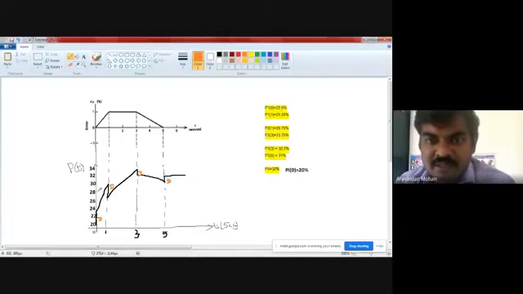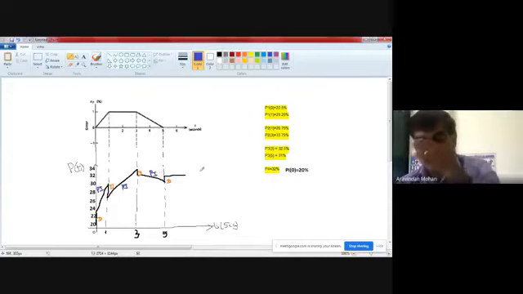Okay, and this is the combined action of your PI. Okay, this is the action of your P and I. Okay, so this is the action of PI, and here this is the action of your PI.